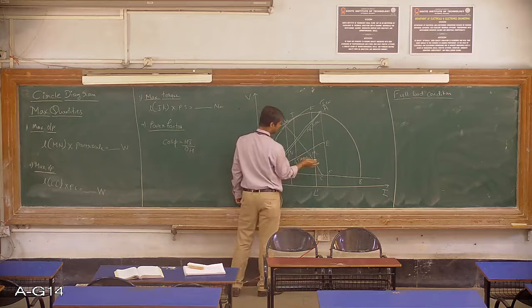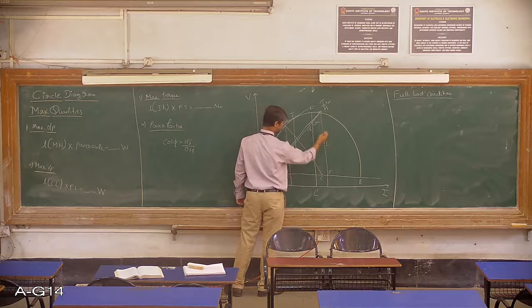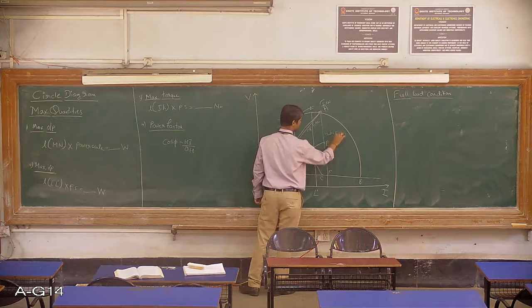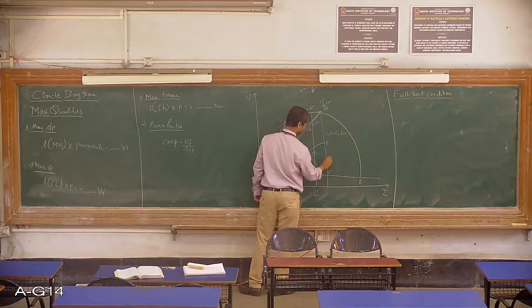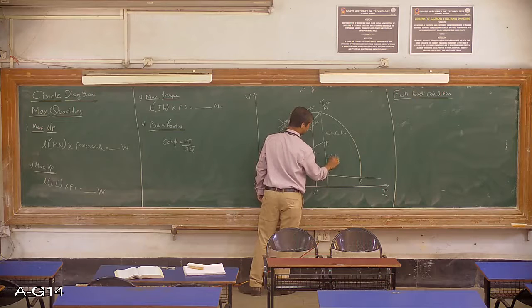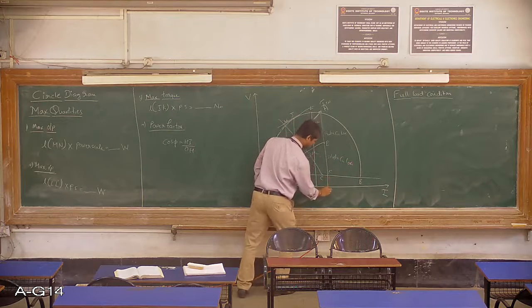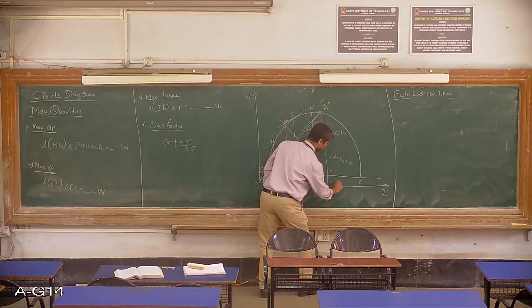But here we already know that this AE is giving us the rotor copper loss, and this EF is giving us the stator copper loss, and this FD is giving us the constant loss.